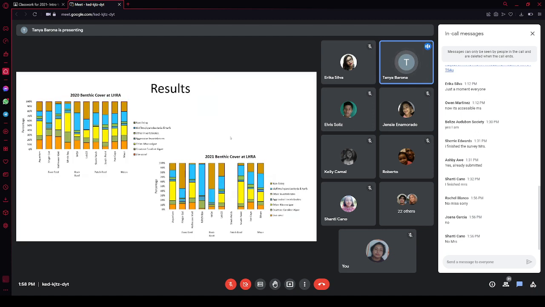So just to give you a graphic representation of what that is, in looking at specific sites, you can see a comparison, for example, at the aquarium, which is the first bar on the graph, compared to 2021, which again is the first bar on the second graph. You can see orange representing live coral cover has gone down, and yeah, you can just compare across both graphs.